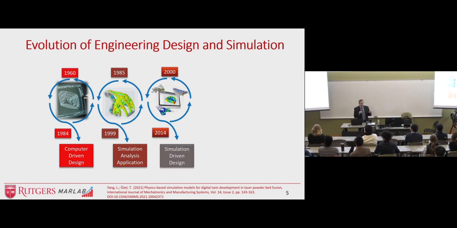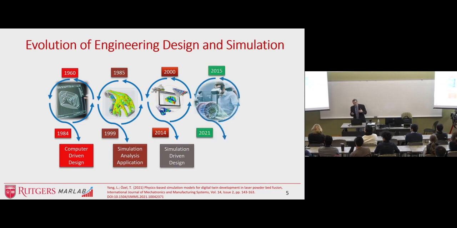In companies, they do that every day as a routine job. But now what's the next step? From 2015 to 2021, or 2023 where we are right now, digital models are evolving into digital shadow, digital twin, and digital thread. Now you know the definitions.